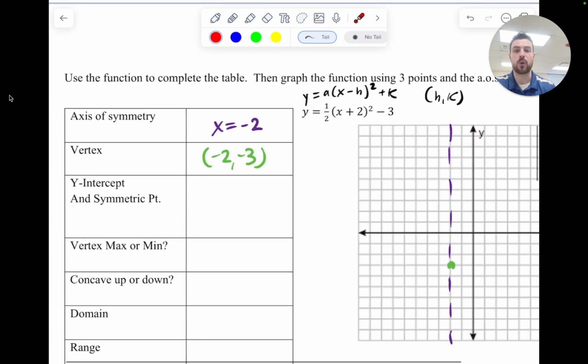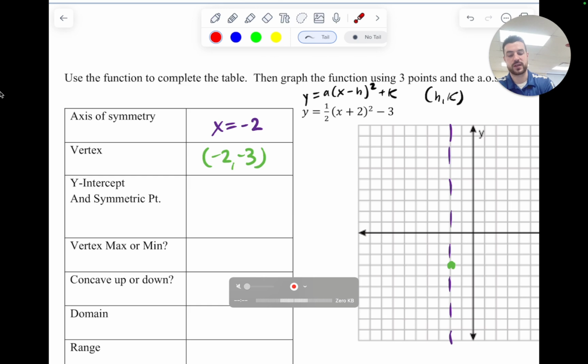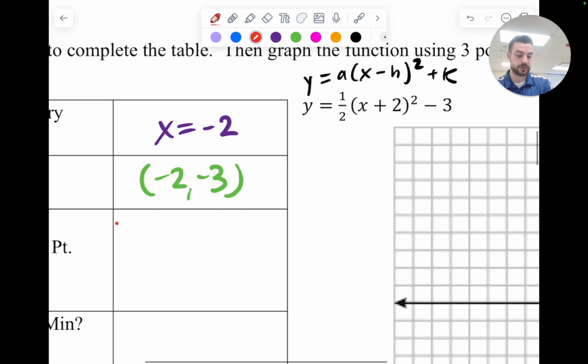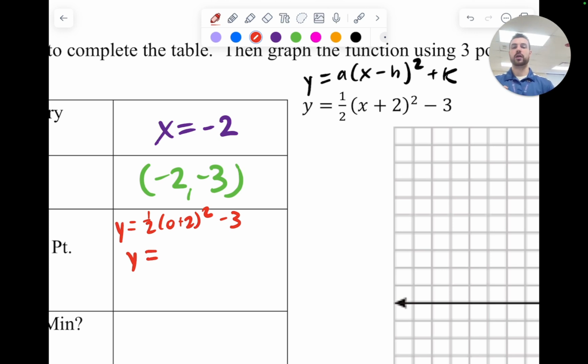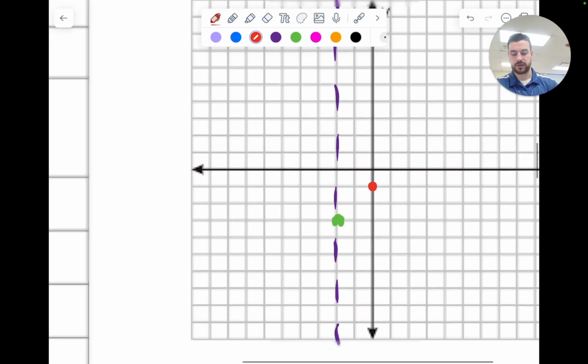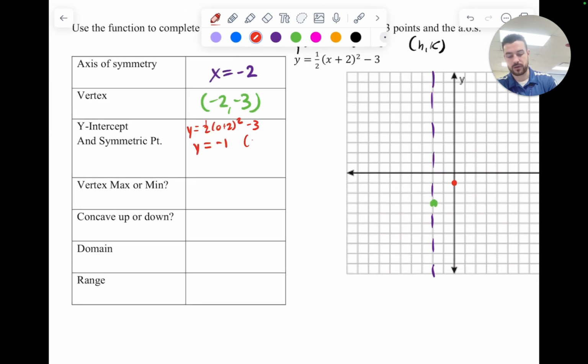Now if we want to find that y-intercept, again, it works the same way as before. We are going to plug in an x value of 0. We get y equals 2 squared is 4, 4 minus 3 is 1... so we will get a -1 right there as our y-intercept.